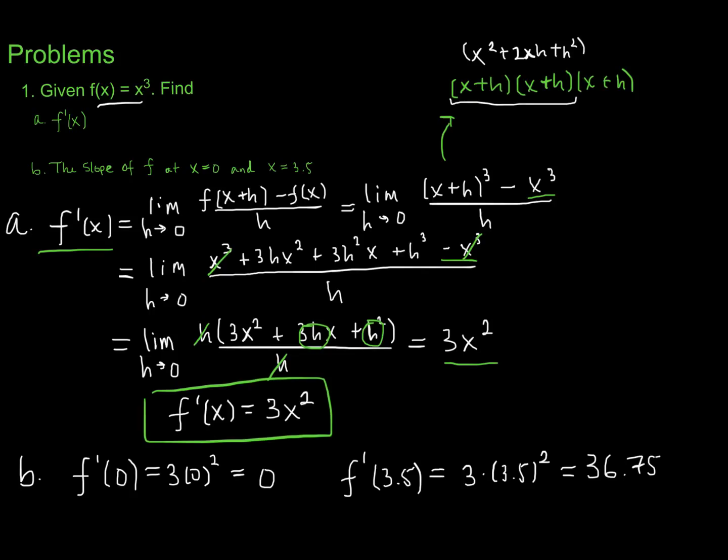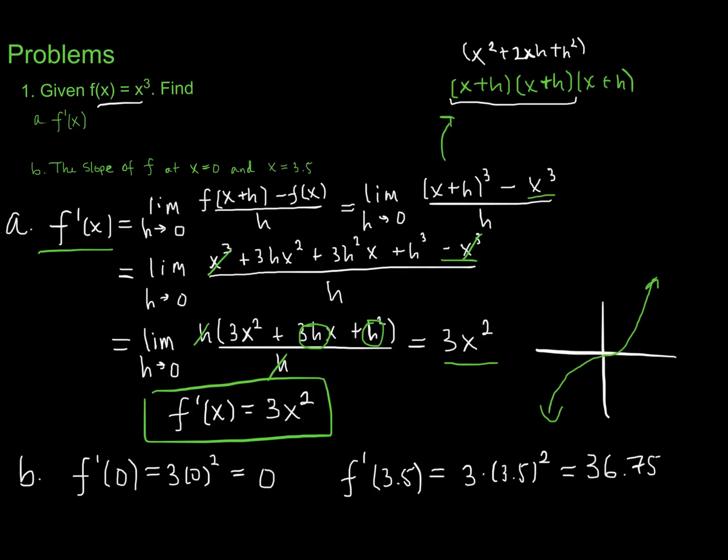What we're finding is the slope of our original function f at this given point. So when x is 0, notice that the slope of my function f is also 0, meaning that it's perfectly flat. And if you graphed x cubed, and I'll just sketch a very rough graph of that. That's very rough. But notice at 0, if you graph it out on Wolfram Alpha, you'll see this.